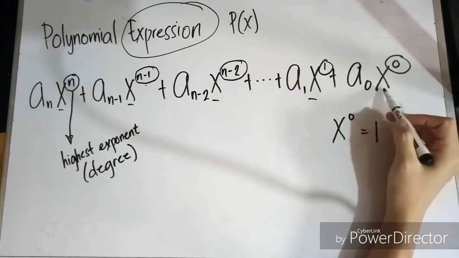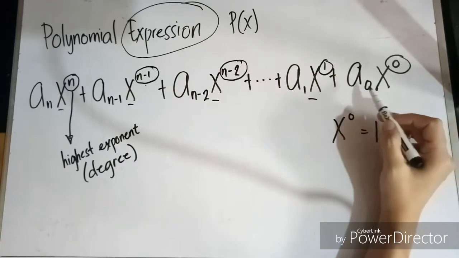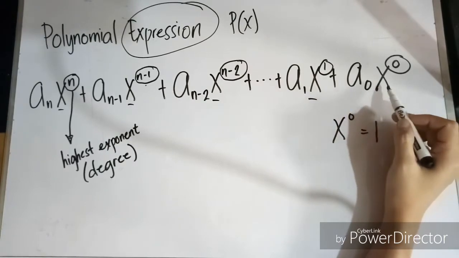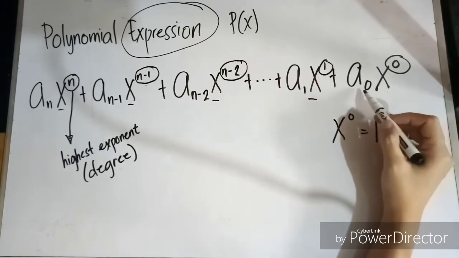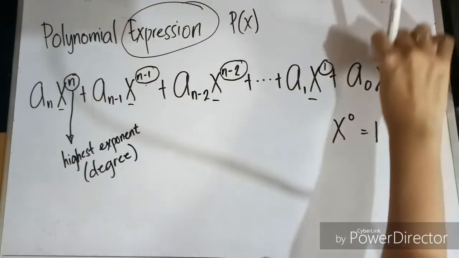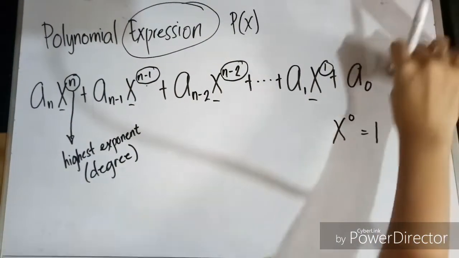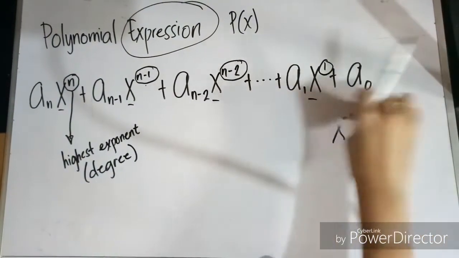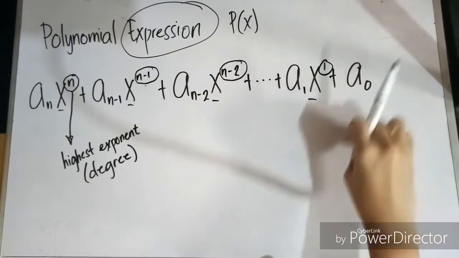So if I substitute 1 for x to the power of 0 here, it will just be a sub 0 times 1, which is just a sub 0. So I can erase this part, since this is just 1. There you go.